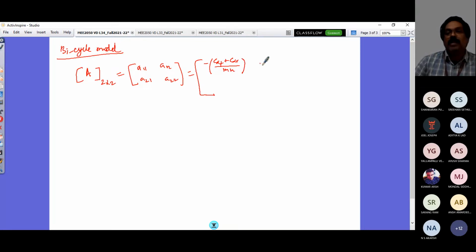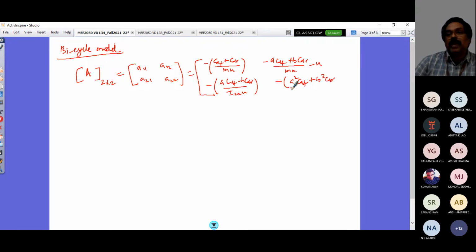The A12 term in my bicycle model state matrix was minus A C alpha F plus B C alpha R by mu minus u, and the A21 term was minus of A C alpha F minus B C alpha R by I Z u, and minus A squared C alpha F plus B squared C alpha R by I Z u.